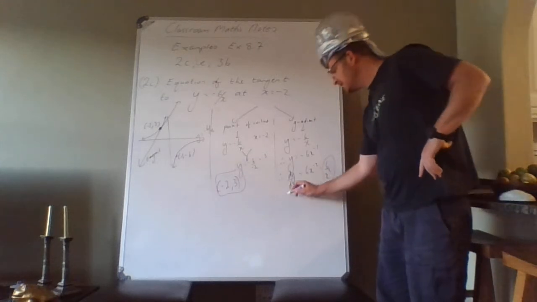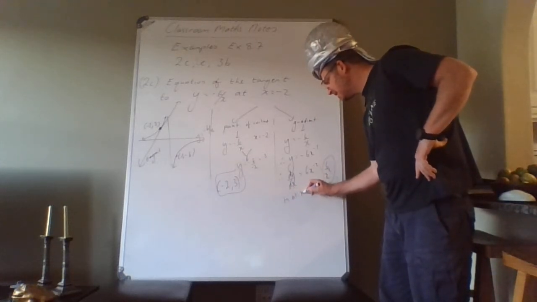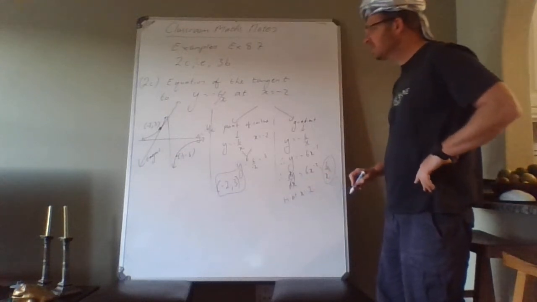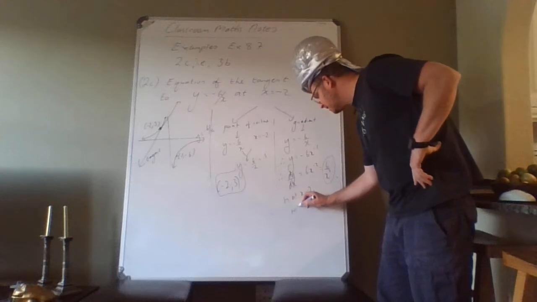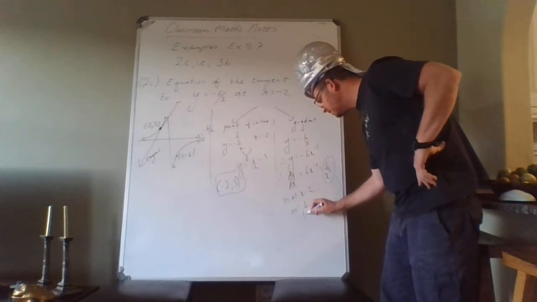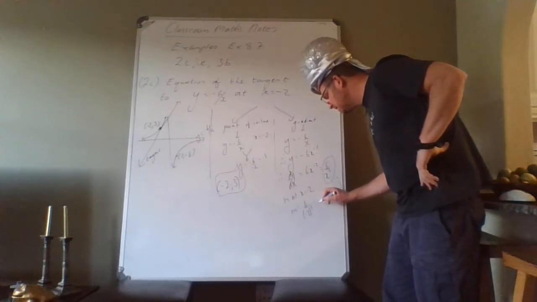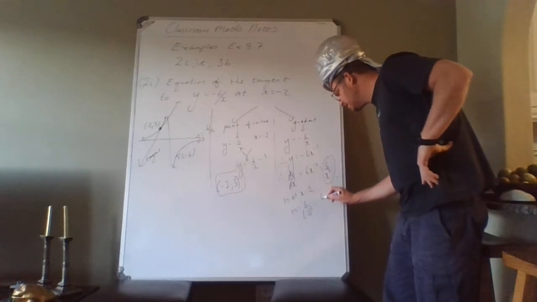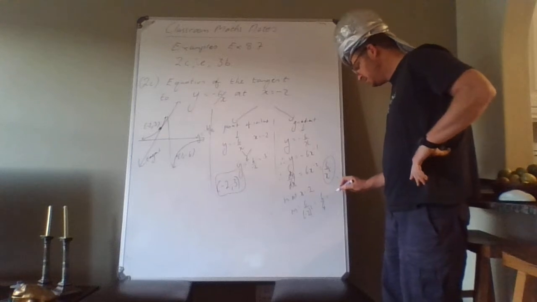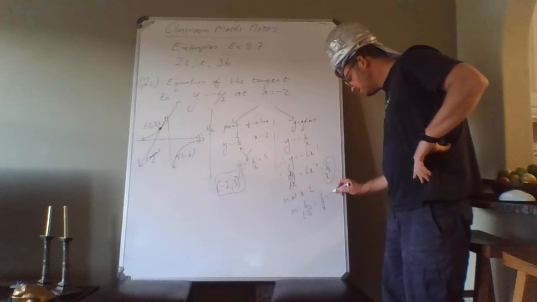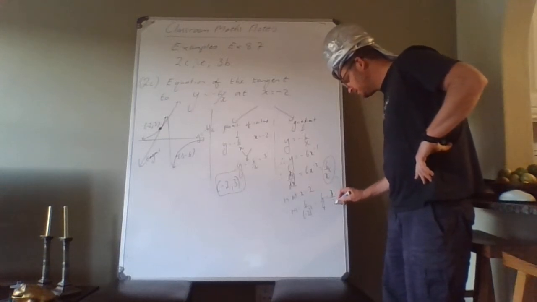But I want the gradient at x is equal to -2. So your gradient is going to be equal to 6/(-2) squared, which is 6/4, which is 3/2, which is 1.5. Let's just leave it as 3/2.